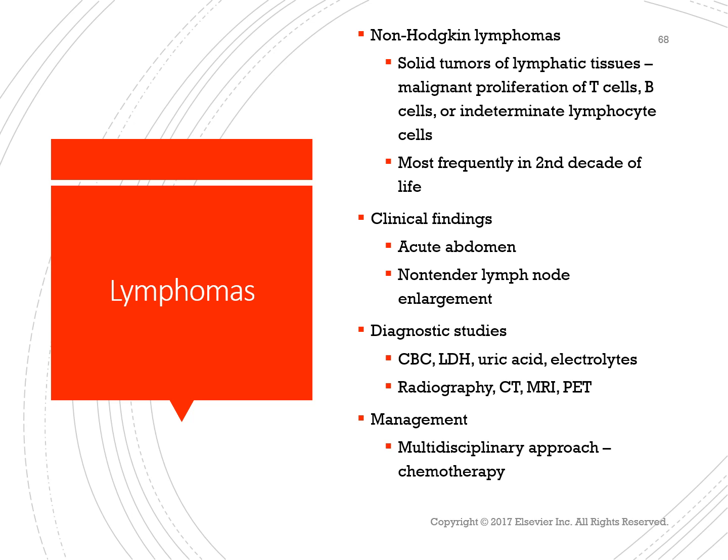Clinical findings: they will usually have an acute abdomen or a non-tender lymph node enlargement. Diagnostic studies: we're going to do CBC, LDH, uric acid, and electrolytes, and radiography, CT, MRI, and PET scans. Management again is going to be a multidisciplinary approach, and they're going to require chemotherapy.